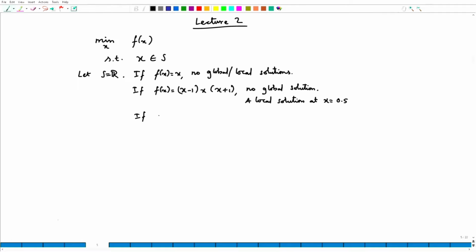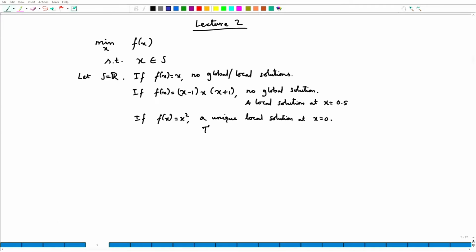And if f of x equals x squared, then there is a unique local solution at x equal to 0. This is also a global solution. I will write it as x star to clarify.